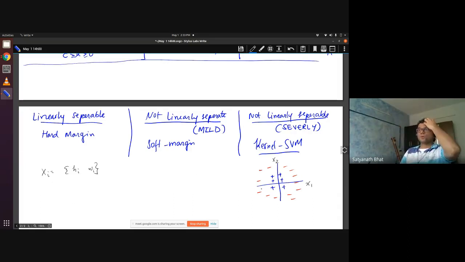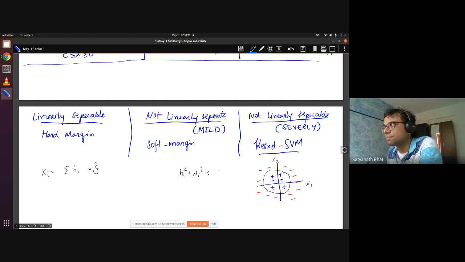Okay, so ideally what you want to say is all the positive points are within some circle like this. Right, so this is a condition like height square plus weight square is less than some constant c. We need to find the c. So in the original space, there is no hope of finding these kind of numbers, but in the higher dimensional space, you can do it.